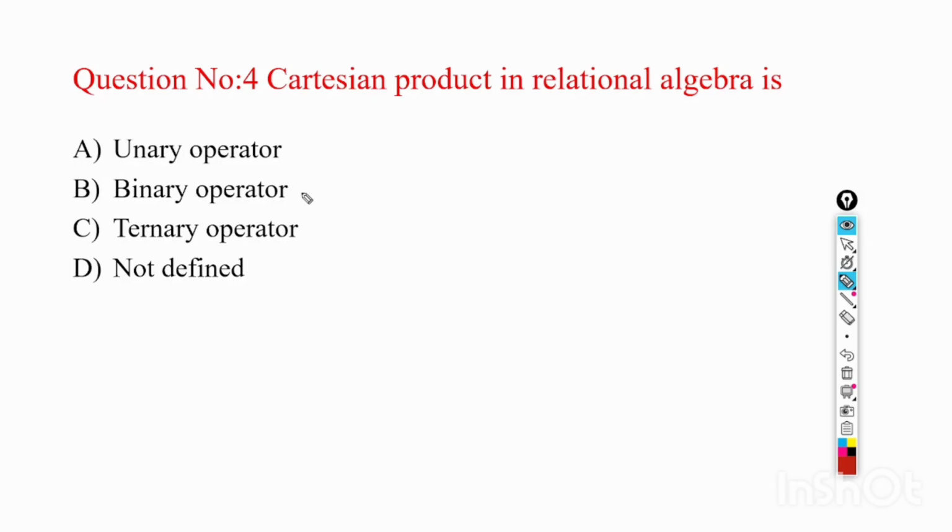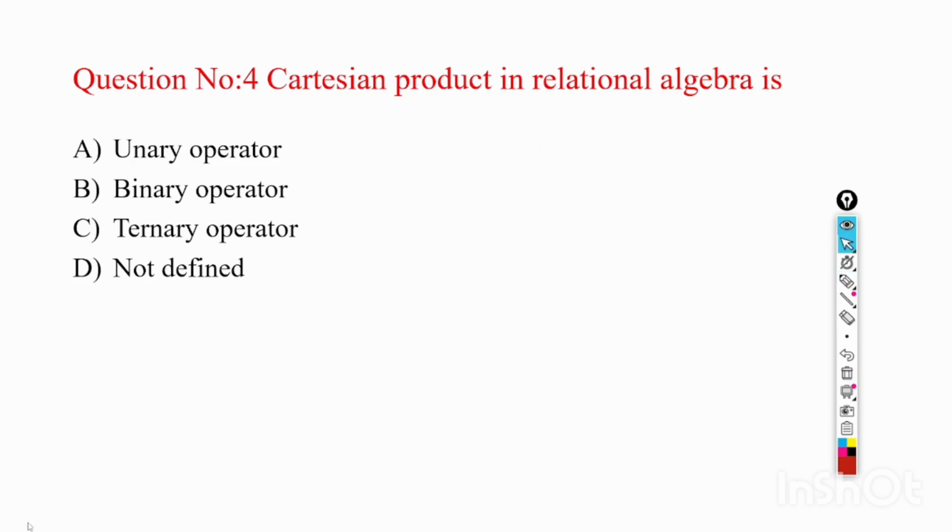So what is a unary operator? A unary operator works on a single table only. Binary operator means two tables, unary operator means a single table, and a ternary operator works on three relations. Not defined is incorrect because the Cartesian product is clearly defined in algebra.